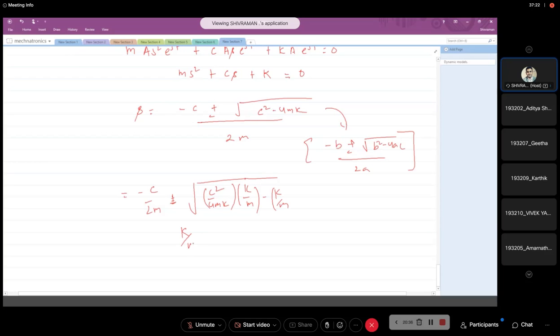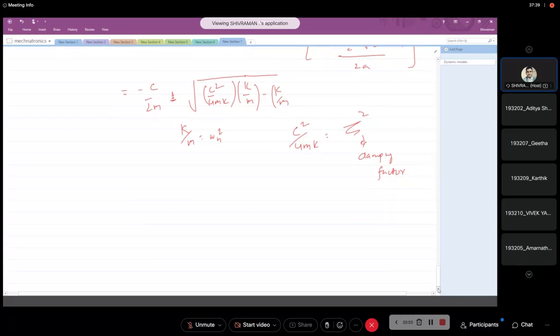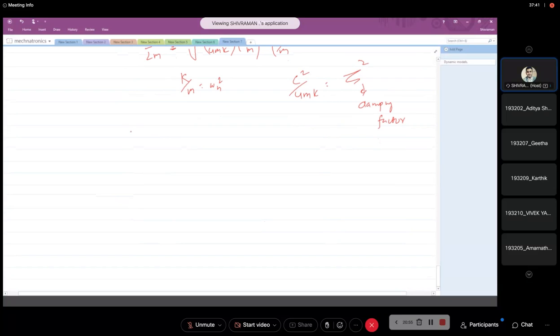So k upon m is omega n squared, and c squared upon 4mk is equal to psi squared, so this is your damping factor. In vibration also you might have studied this, or you will study this. So finally the roots will be minus damping factor times omega n plus minus omega n times square root of damping factor squared minus 1.